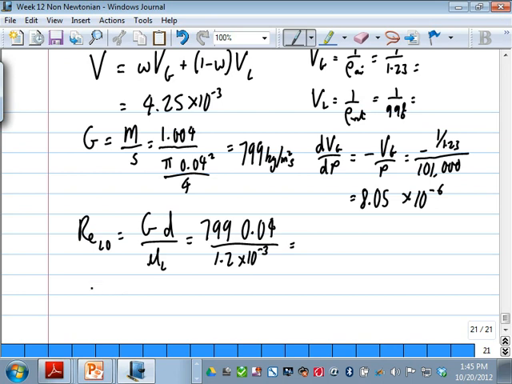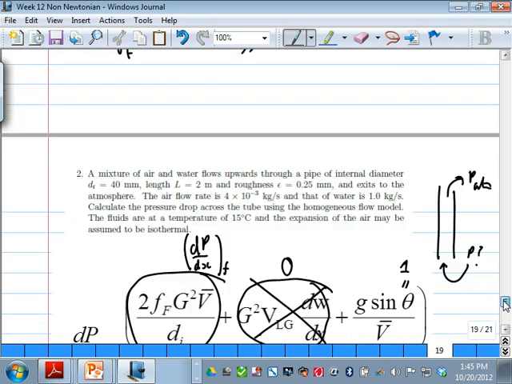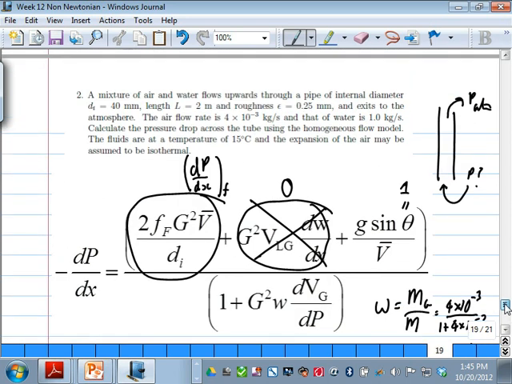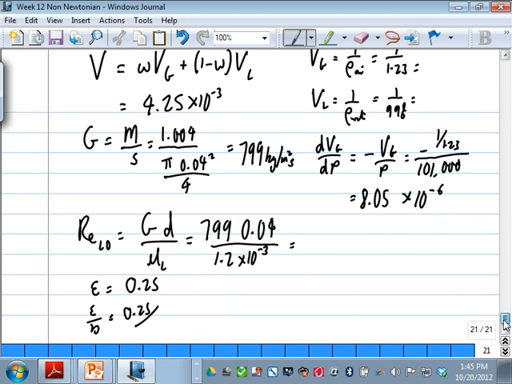In this case, the roughness is 0.25. E over D is 0.25 divided by 40. 40 equals to what?